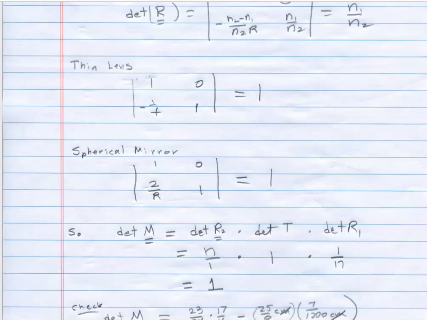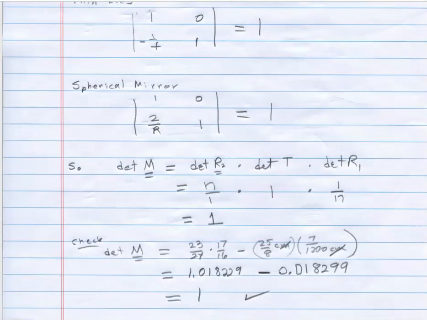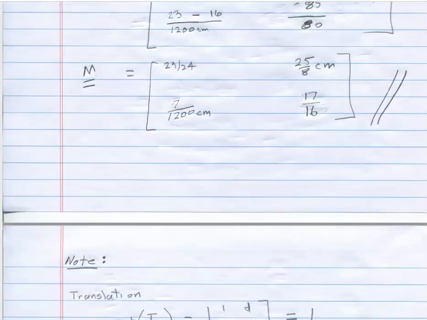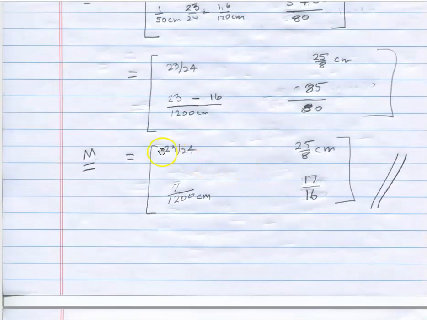In fact, the determinant of the optical transfer matrices, these elementary optical transfer matrices, and their products ultimately has to be 1. And so this is a good way to check. For us, our matrix is here. So if I take the determinant of this matrix and it's not equal to 1, then I know I've made a mistake somewhere along the way.